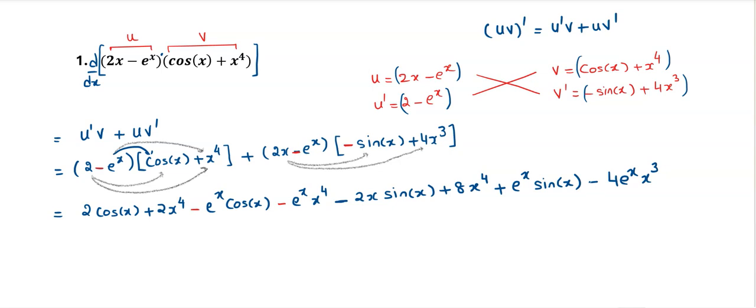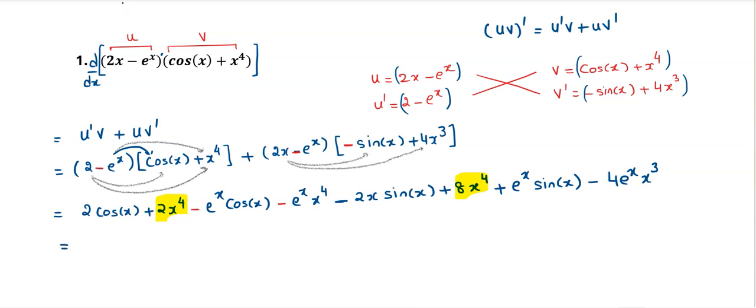You check whether it is possible to cancel some terms or whether any two terms are the same. Then you can combine them. 2 cos x, you don't see it again. 2x power 4, so you have 2x power 4 and 8x power 4, you can combine them together. The rest of the terms are different.